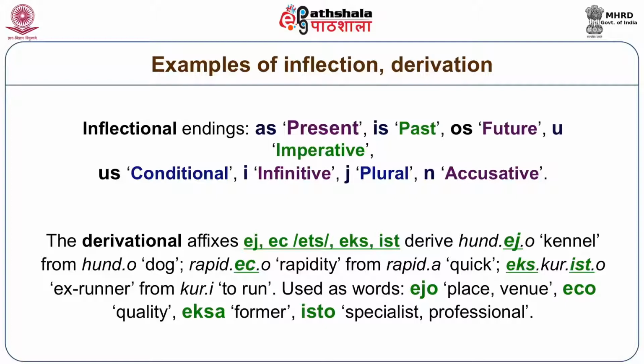Rapida is the word for rapid, and rapideco, which is rapidity, uses the derivational affix ec, written with EC. The letter C in Esperanto marks the sound TS. So ECO in the spelling comes out as etso.